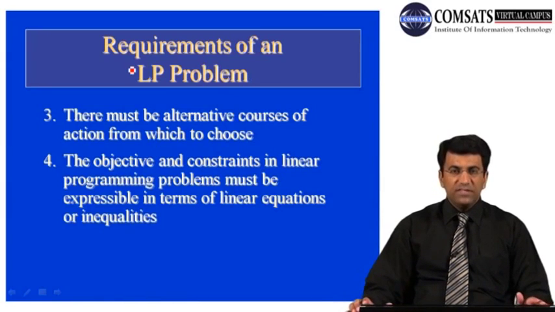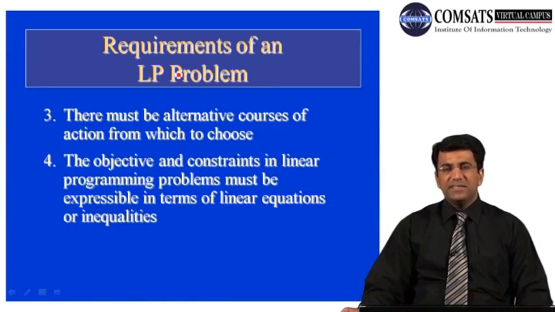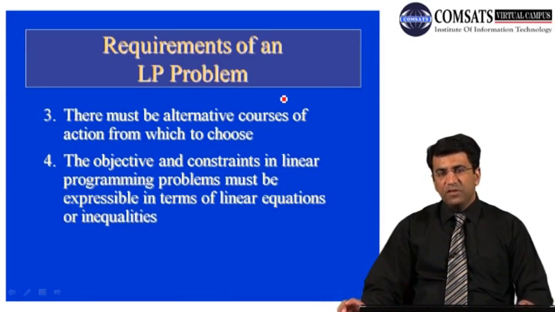When we go through the different steps of solving linear programming problems, you will find that after defining the objective function and the constraints in the form of equations or inequalities, finally we will discuss a method through which we can have the different alternatives, and going through those alternatives we will get the idea of what is the best alternative through which we can achieve our objectives.